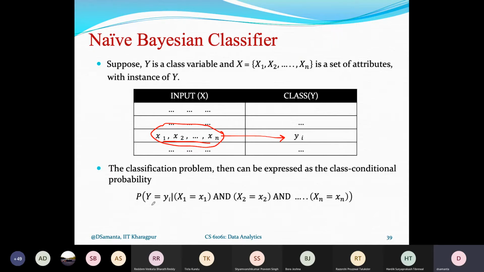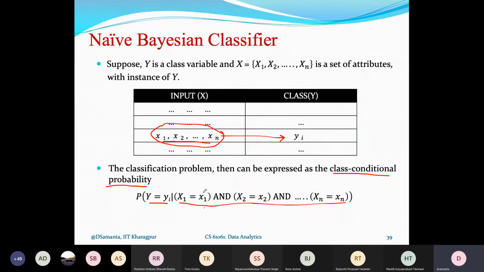Now this can be expressed as a class conditional probability. It says: the probability that y equals yi, given that this is the test data value, X1 = x1 and X2 = x2 and Xn = xn.